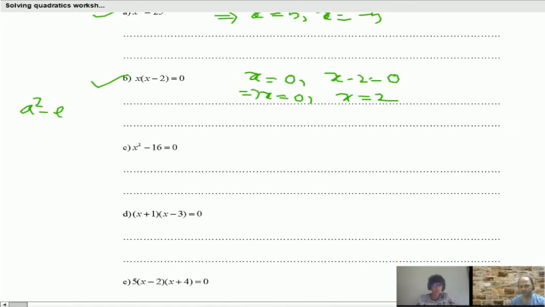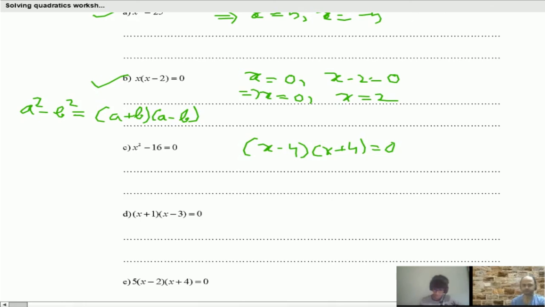Daksh, are you familiar with this identity a square minus b square that is going to be a plus b times a minus b? Yeah, I'm familiar with it. So then it would be x minus 4 in brackets and then x plus 4, right? Perfect. So what are the values of x then?